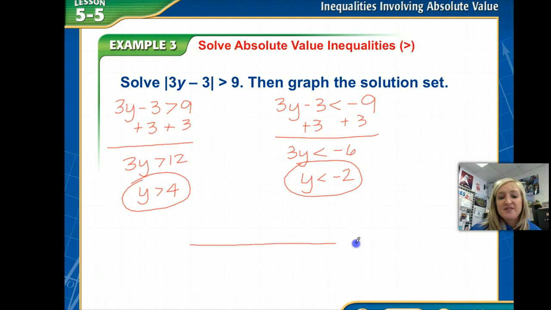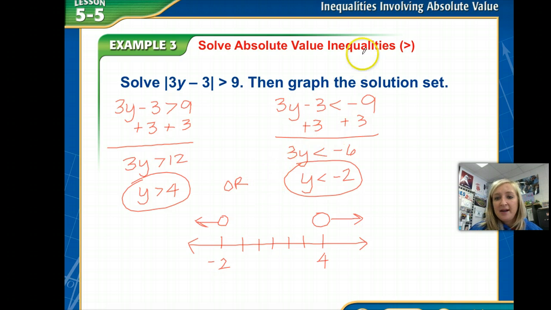All right, so when I have to graph this on a number line, I know it's a union, meaning that they're not going to connect in the middle. So I have -2 down here, my big or in the middle. It is less than, an open circle, less than -2. -1, 0, 1, 2, 3, 4, but greater than 4.